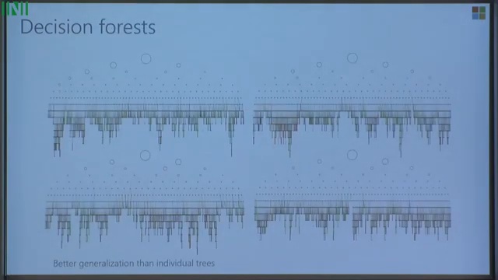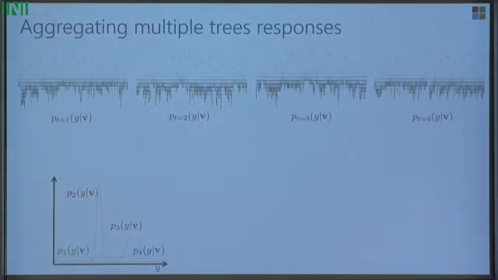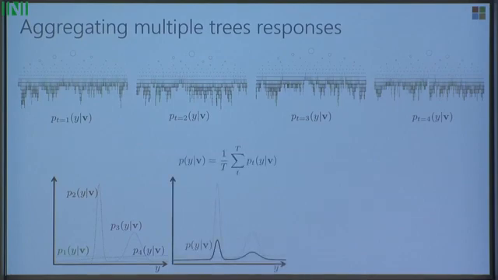In Kinect, we use a generalization of trees, and these are called forests, which is an ensemble of trees. And it's known, and we've shown, that looking at forests as opposed to trees leads to better generalization. And the idea is very simple. We look at the predictions from each of the trees, and there are a number of ways by means of which you can combine these predictions.